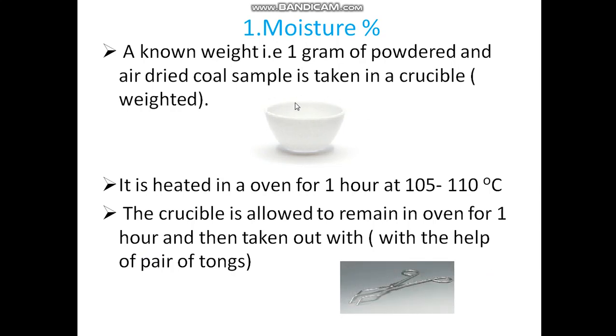So this is a crucible in which we are going to take 1 gram of the powdered coal. Then it is kept in an oven for 1 hour, heated to 105 to 110 degrees Celsius, and then this crucible is taken out from the oven with the help of a pair of tongs.